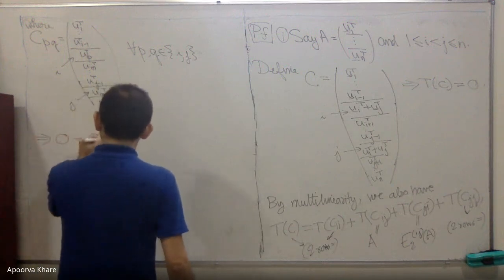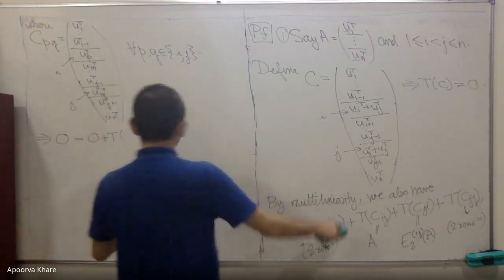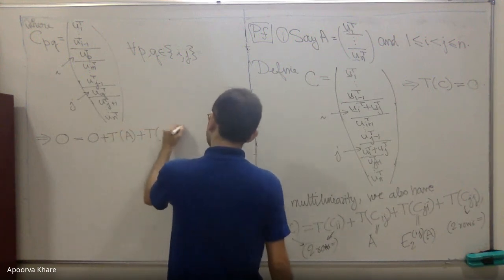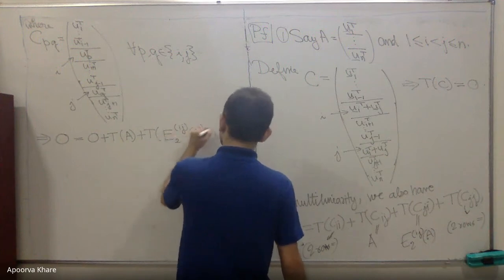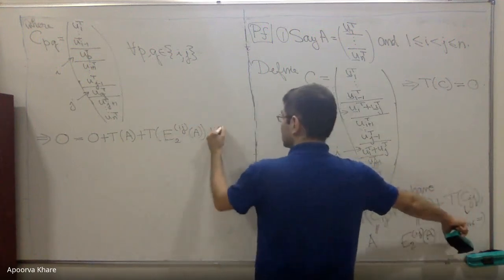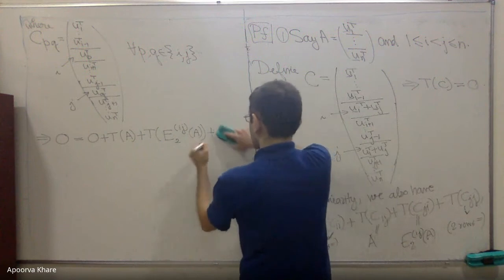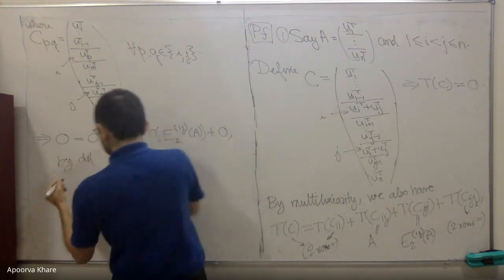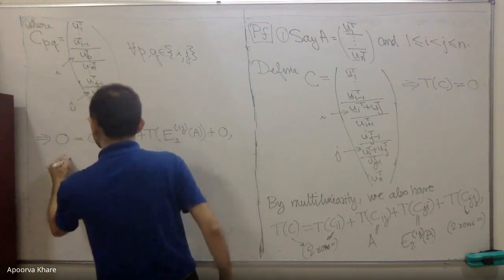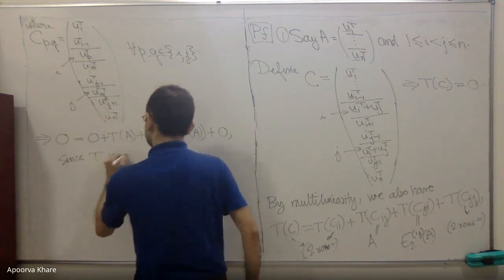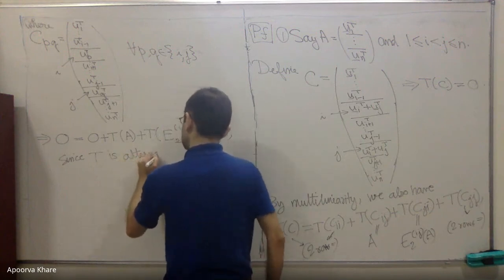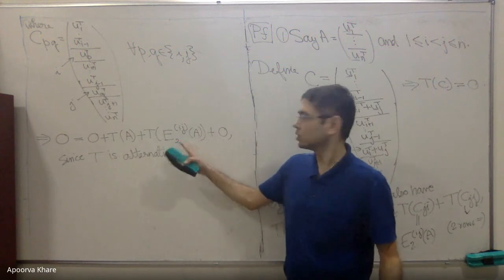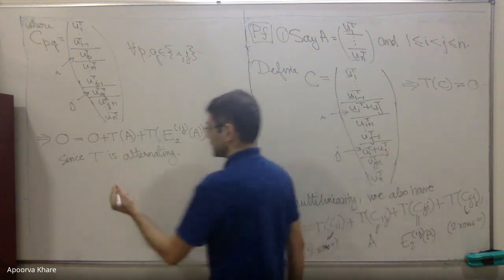So 0 equals 0 plus t of A plus t of E2ij of A, plus t of Cjj, but again that is 0, by definition, since t is alternating. That means t of A plus t of this thing is 0, so this thing is minus t of A.